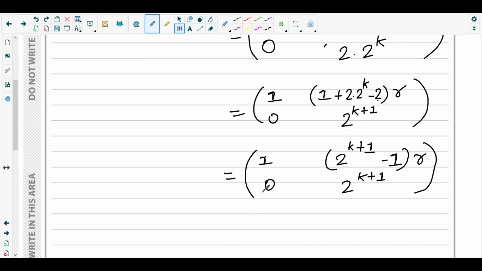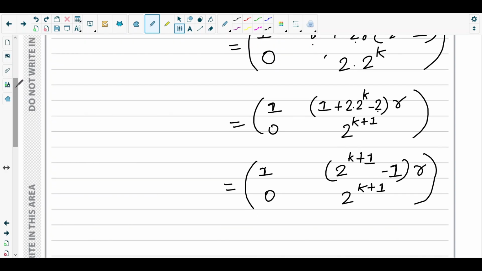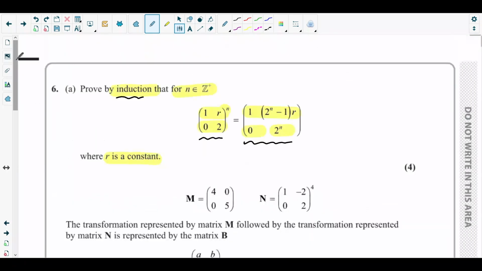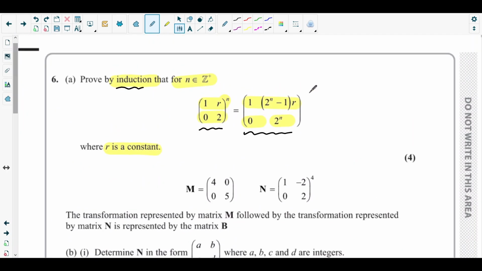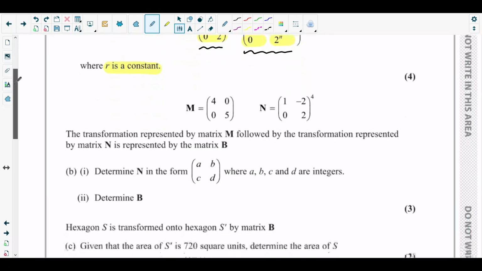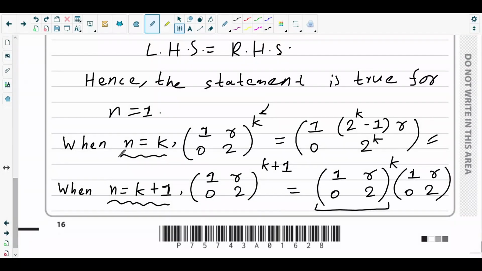Now what can you see? If we had substituted n equals k plus 1 on the right hand side, then we would get exactly the equation that we have derived just now. So this matrix expression has been derived using the expression for n equals k.